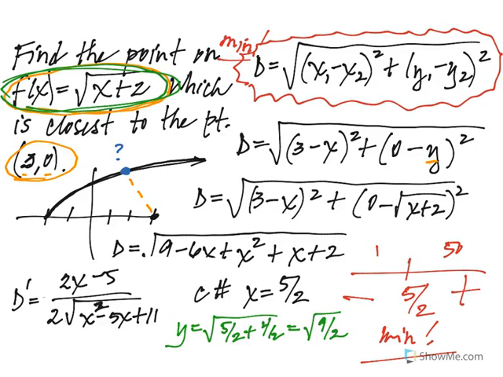Check this out. There's 2.5 on the x right there. And that's exactly where I drew it. And then this right here is square root of 9/2. That's incredible. That doesn't normally happen, but it did in this case. All right, so there you go. Your point on this curve turns out to be 5/2, square root of 9/2.